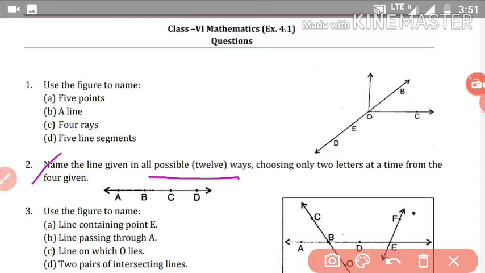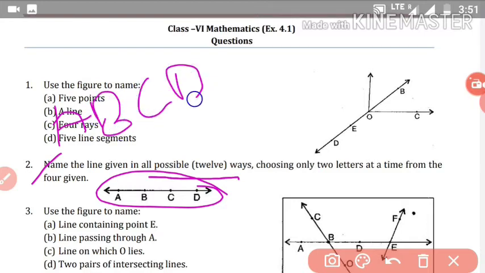Name the line given in all possible 12 ways. Means you have to write in 12 different ways, choosing only 2 letters at a time from the 4 given. So here it is given 4, isn't it? What is given? A, B, C, D.